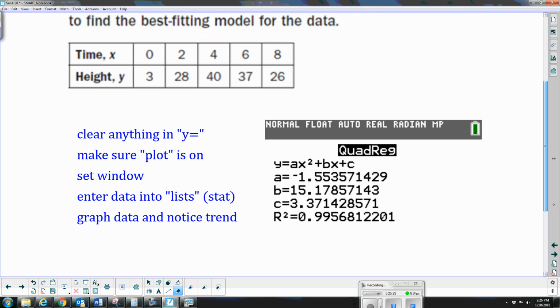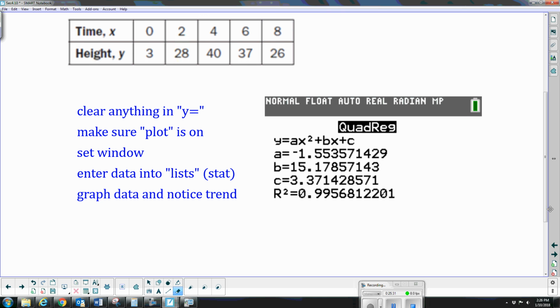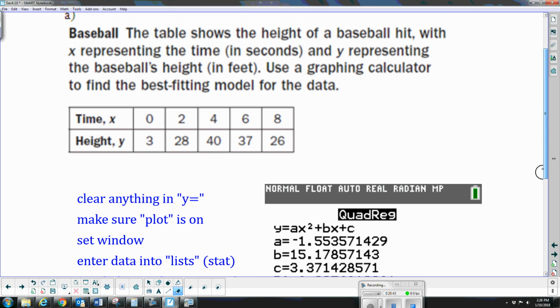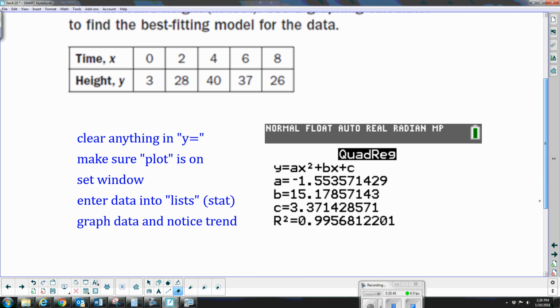I have to correct myself and go back to that last slide before you get the solution for this next one because I wrote down the wrong equation. So this was the baseball model, the first example, example A, that I just showed on my calculator. And this is the quadratic regression information that we got. And when I wrote it, I just wrote the wrong equation.